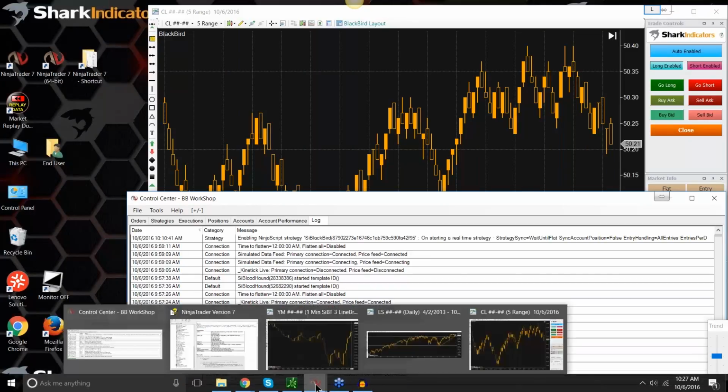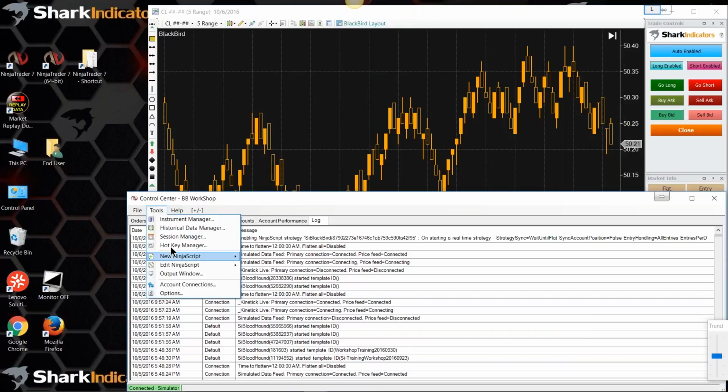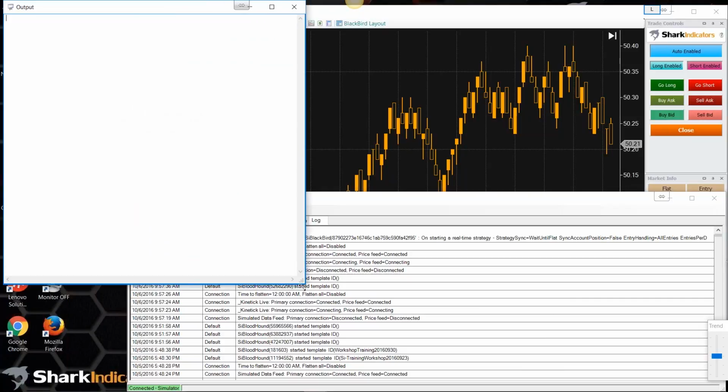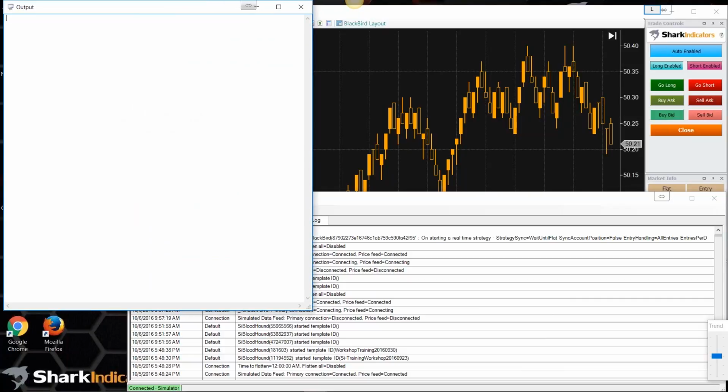Also, something that you guys may not be familiar with, but if we go to Tools, so from Ninja's Control Center, if you go to Tools and you go to Output Window, right? NinjaTrader has this Output window, which is basically like a feedback window. So programmers can output all kinds of any information they want to this output window.